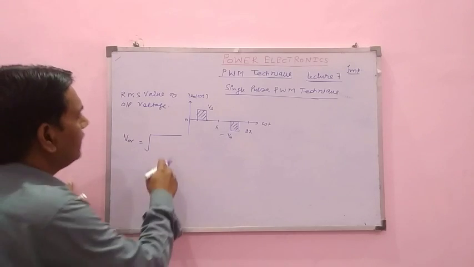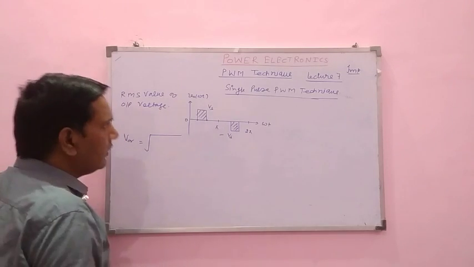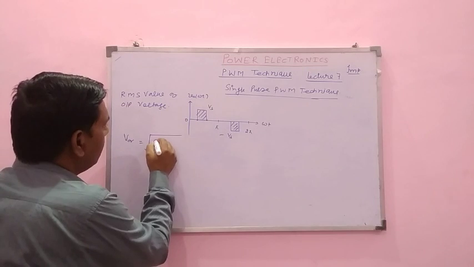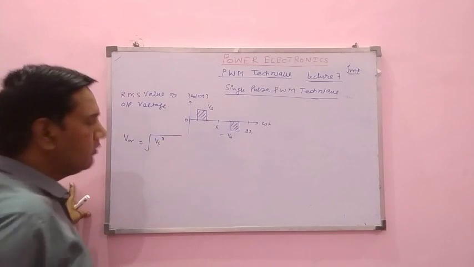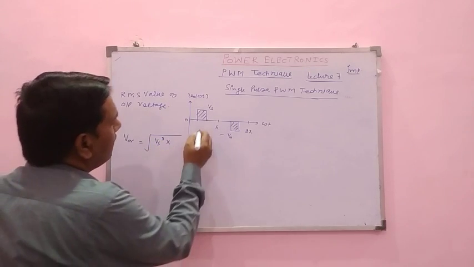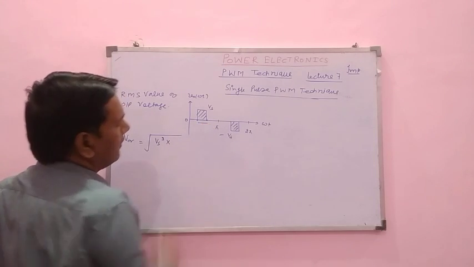So here we will first square this gate pulse, so it will be Vs square, into for how much time it is conducting.